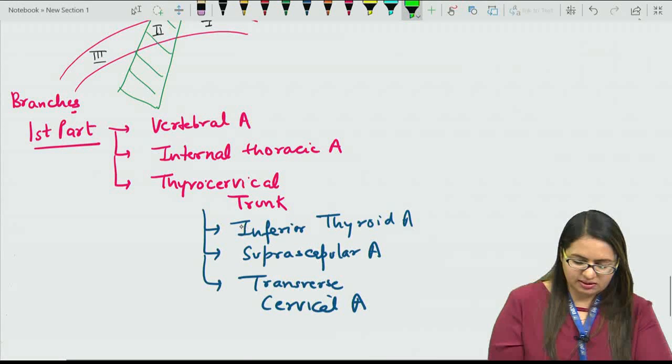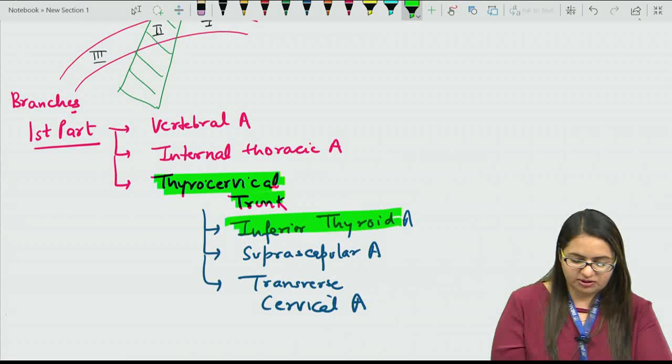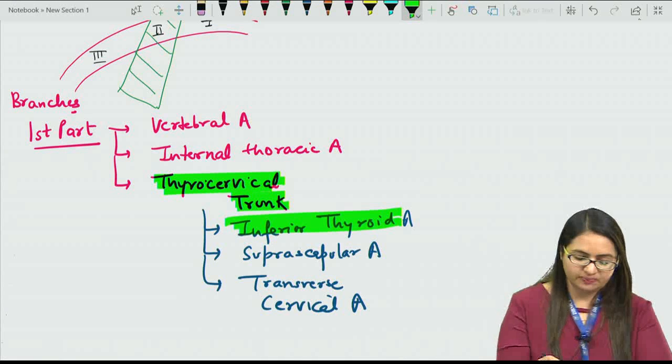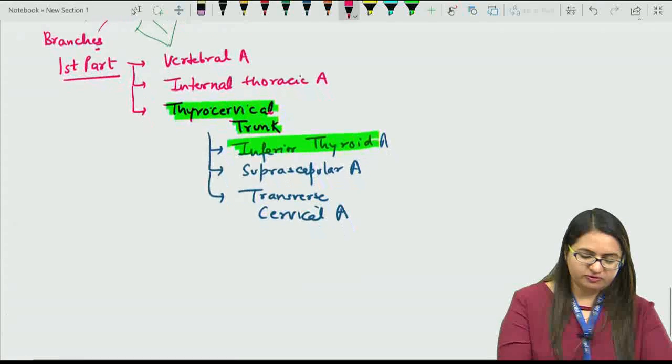So therefore we can see the inferior thyroid artery is a branch of the thyrocervical trunk, which in turn is a branch of the subclavian artery. So these are the arteries which arise from the first part.